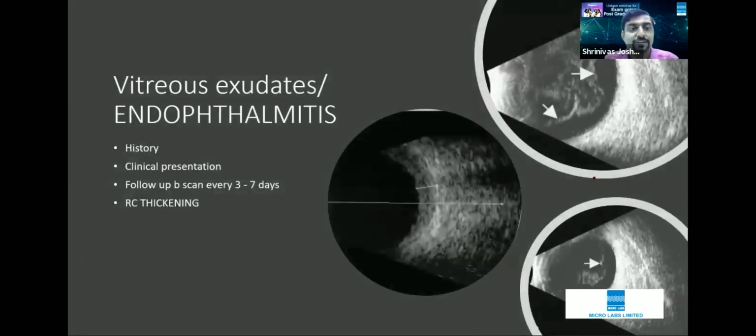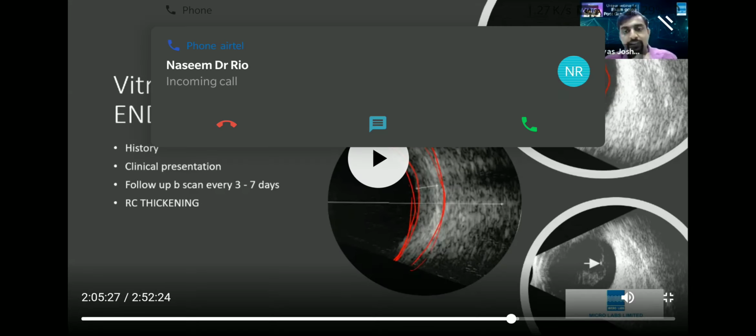My last slide is on vitreous exudates. In case of endophthalmitis, you can see a membranous type of vitreous echoes here, and you have to correlate the surgical situation also, whether it is post-cataract surgery or post-trauma. Another important finding is retinochoroidal thickening. If it is thickened, it is again pathognomonic of endophthalmitis on the ultrasound.